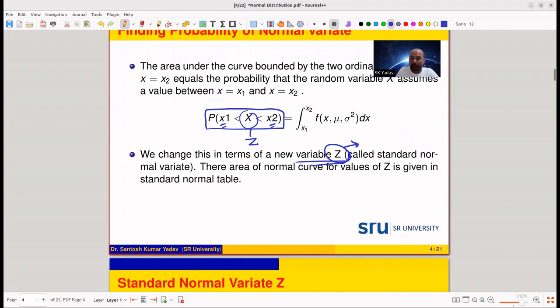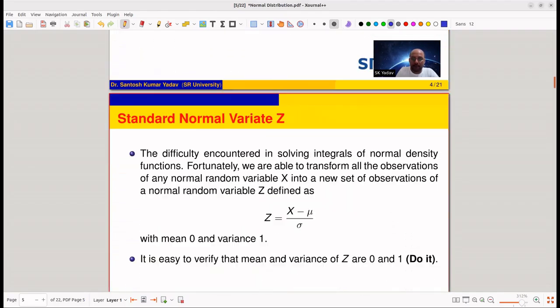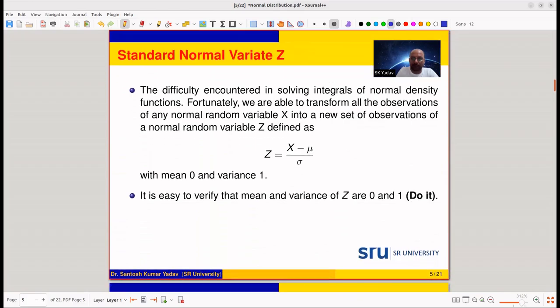And what is the transformation here? The transformation is defined as z equal to x minus mu upon sigma, which we can write simply as variable minus mean of variable divided by standard deviation of the variable x.